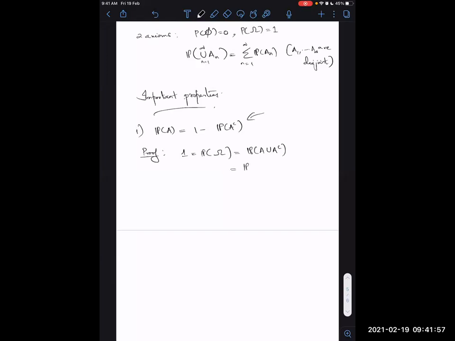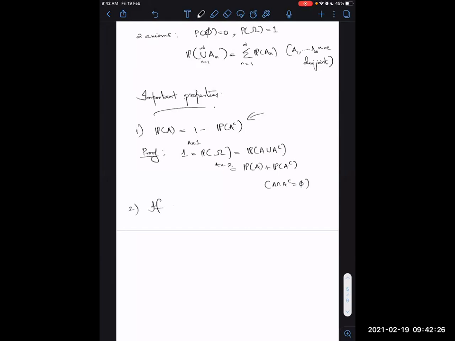So by axiom 2, this is the same as the probability of A plus the probability of A complement. This is axiom 2, and this is axiom 1. So we just used the axioms and the idea of disjointness to prove this. The intersection of A and A complement is the empty set. So this is the formal proof for why this is true.